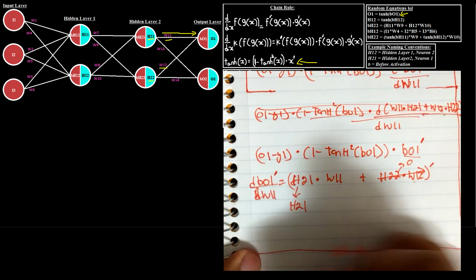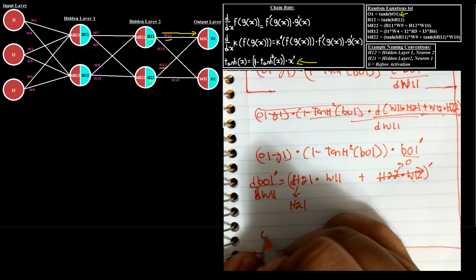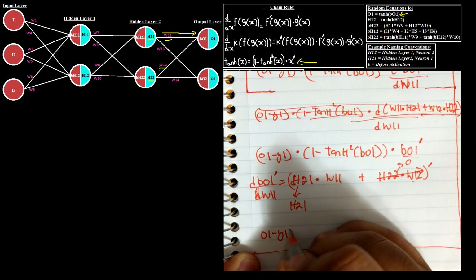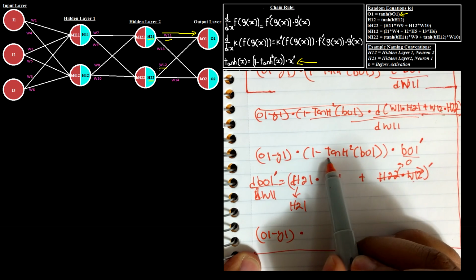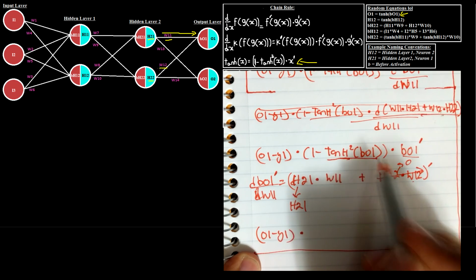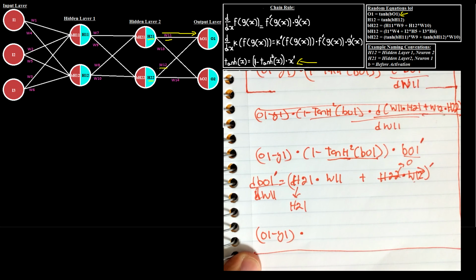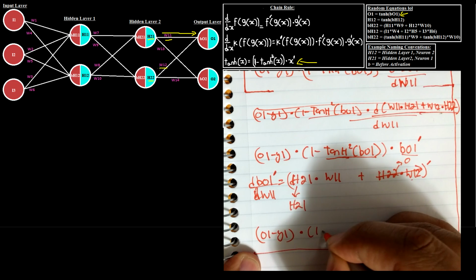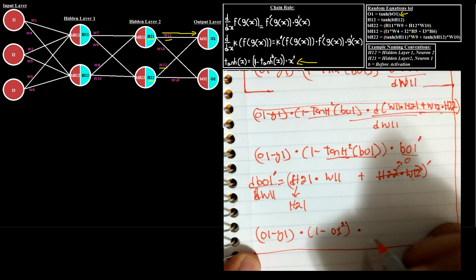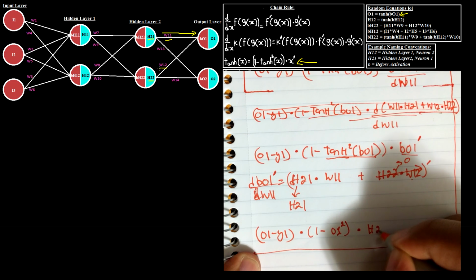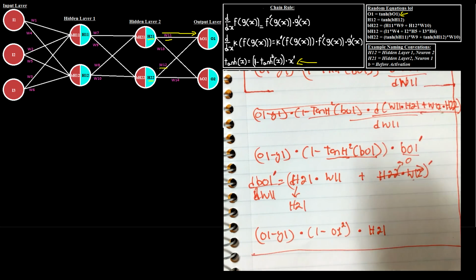So finally our equation just ends up looking like this: O1 minus Y1 times, by the way, this tanh squared of BO1 is essentially just O1 multiplied by O1. So O1 squared, 1 minus O1 squared times H21. That's pretty much our formula.